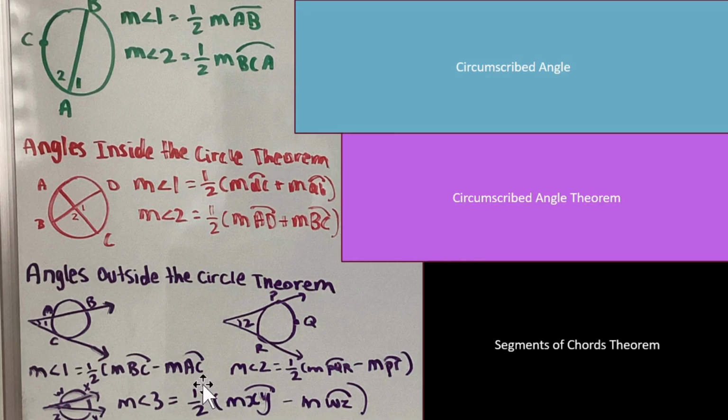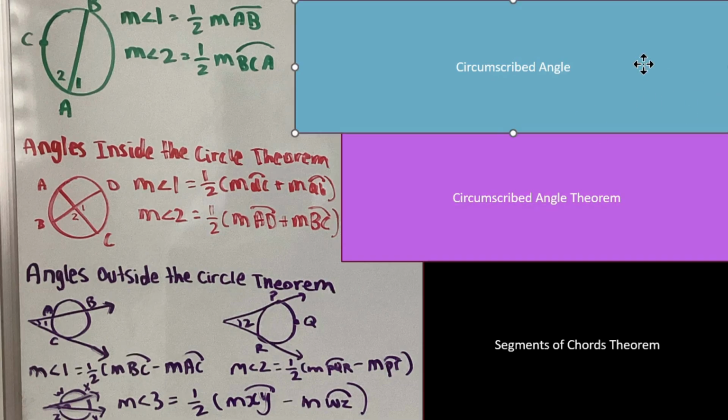Remember, it's half times the difference for all of these. So no matter what the lines are, if one is outside and one is inside, both are outside or both are inside, it is basically the same formula: half of the outer minus the inner.